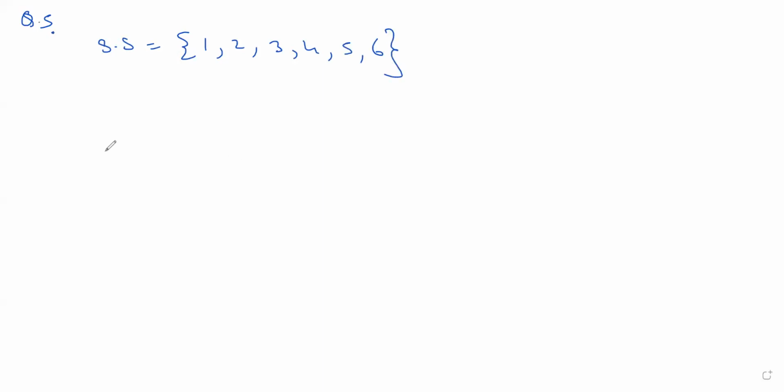But they say that success is defined as number greater than 4 appears on at least one dice.